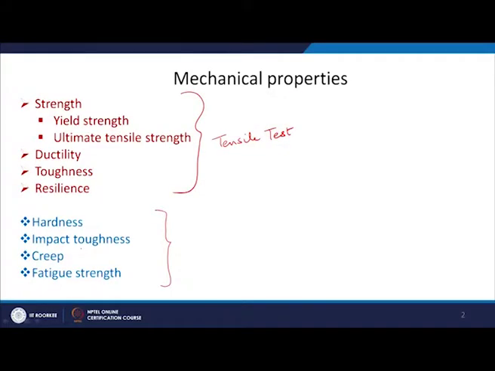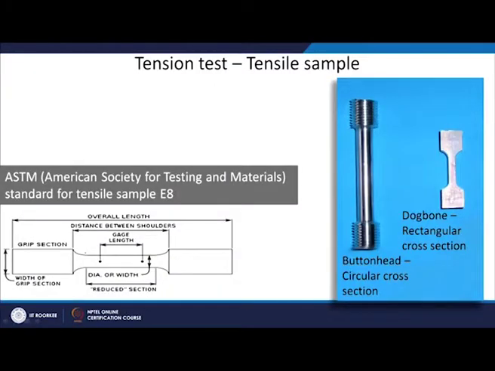The idea is to understand how I can get all these properties from the information I get from the tensile test. These are the samples you use for a tensile test. If I have a sheet for which I want to know the mechanical properties, then we have this dog bone sample with a rectangular cross sectional area.